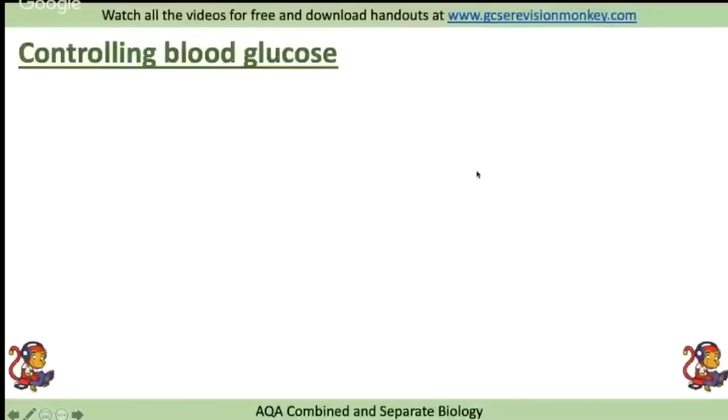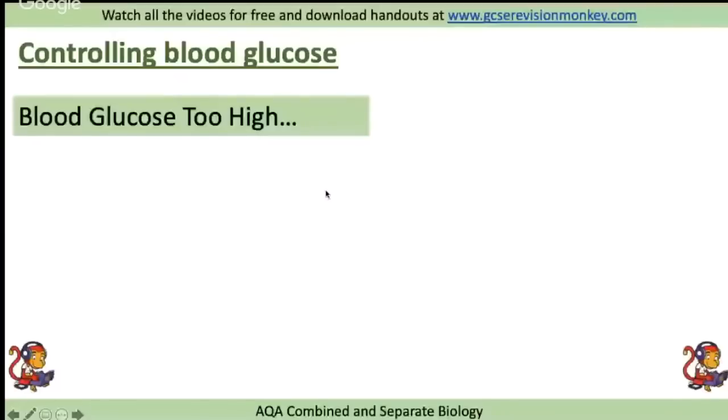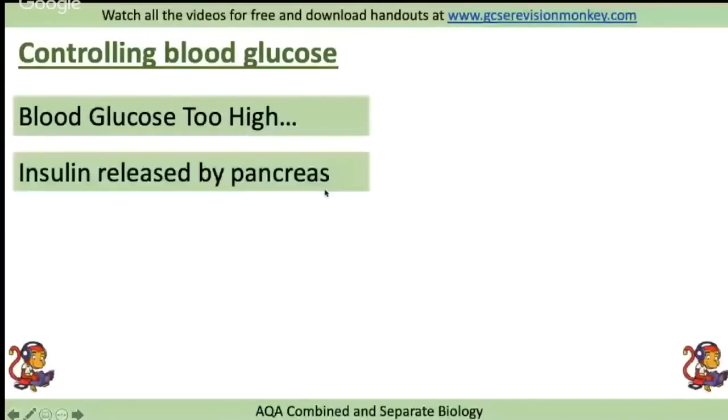One thing that they can do is be involved in controlling blood glucose. And for that, it's the pancreas here that's the important gland for controlling blood glucose. And we said that was an important thing to control for homeostasis. So if your blood glucose is too high, insulin is released by the pancreas. Okay, so insulin is the hormone.